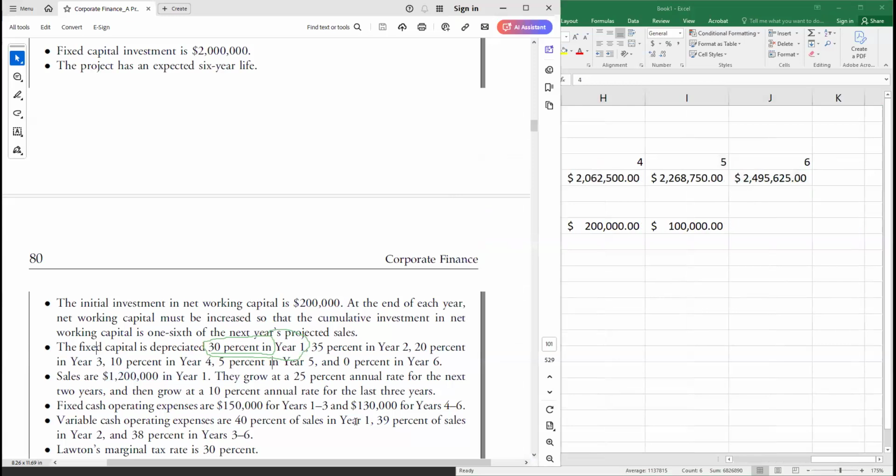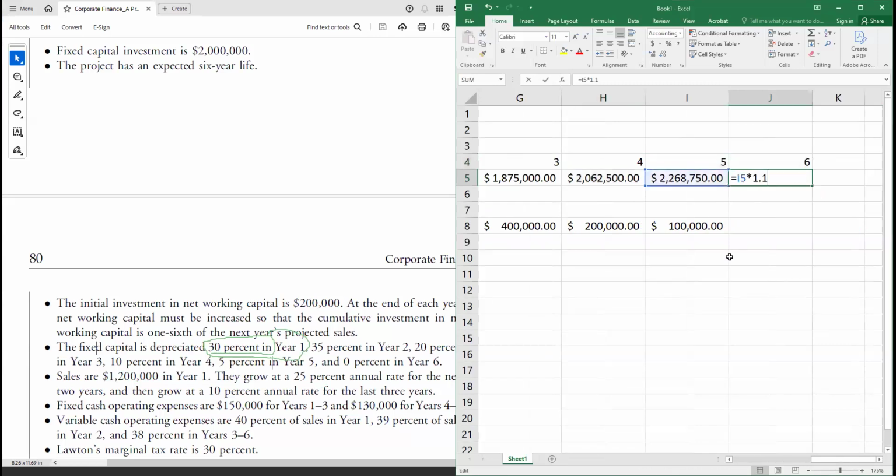That's what the question means here. Okay? Is that clear? Yes, please. It's just 1.1. Not for both years, for each year separately. So the previous year will be growing by 1.1. That's what it means.